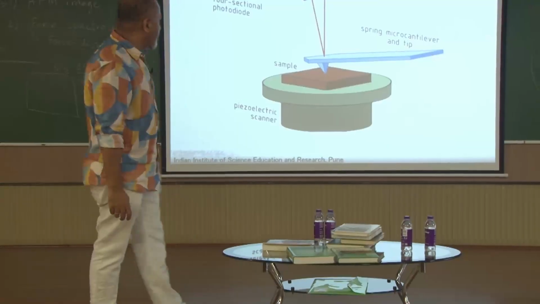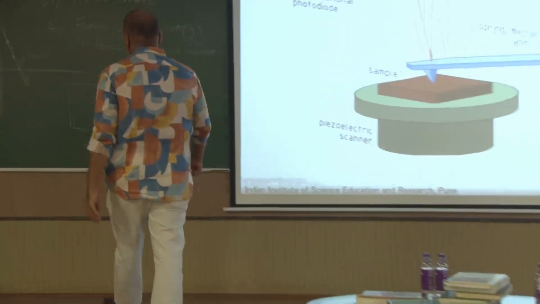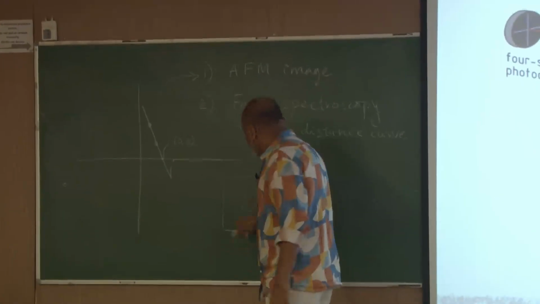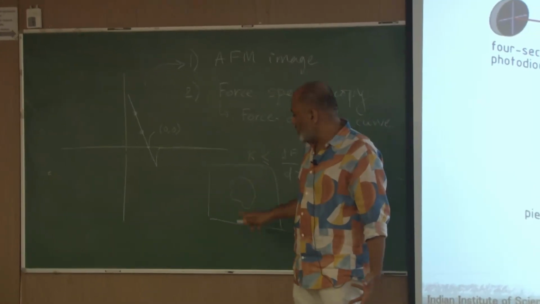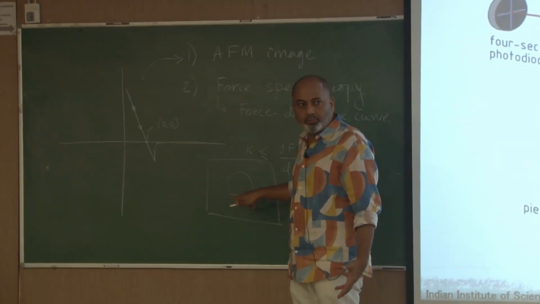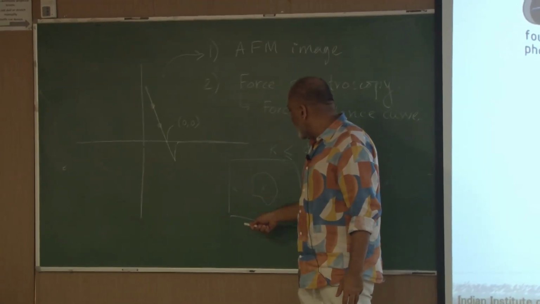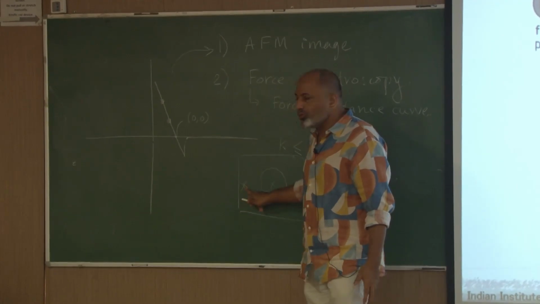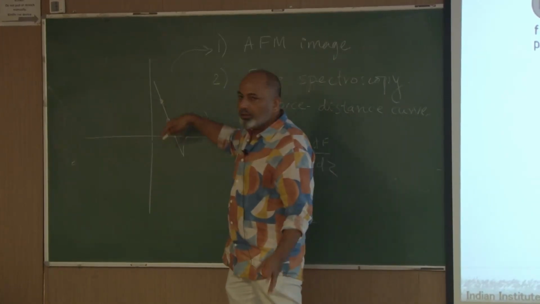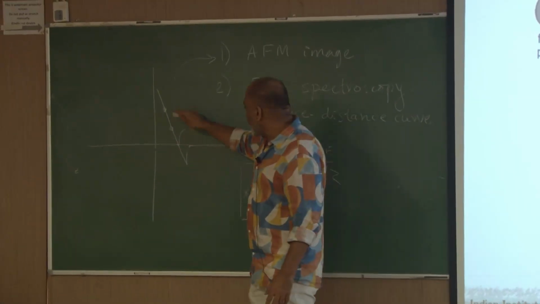Suppose there is some feature on this image which I want to poke compared to there. So, I will take one force curve there, one force curve there. This is used for calibration, which we will explain in a demo session.